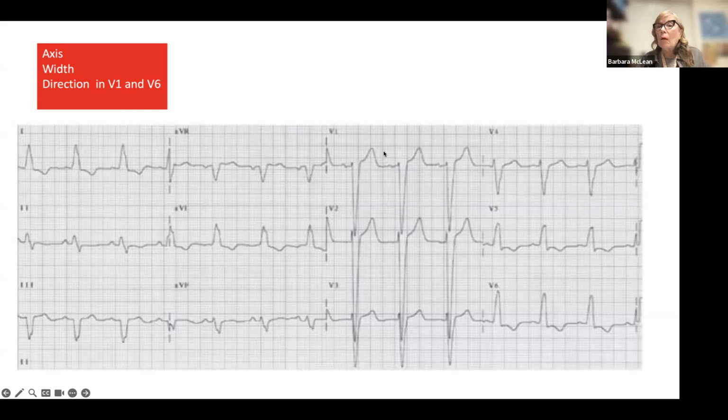Now, the one caveat to this is in V1 and V2, I always expect to see ST segment flat and the T wave upright. But in left bundle branch block, you are going to see your T waves get a little bit bigger because they're opposite of the left bundle branch block leads, and your ST segments are typically a little bit elevated.